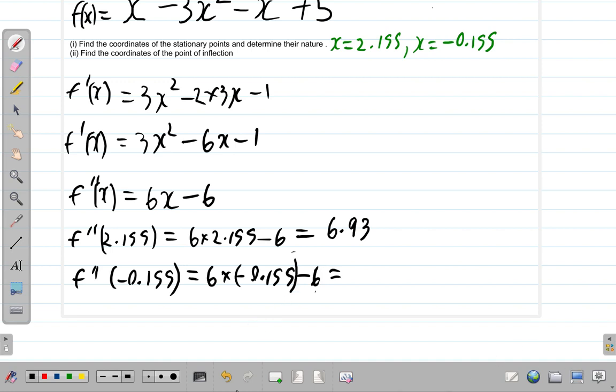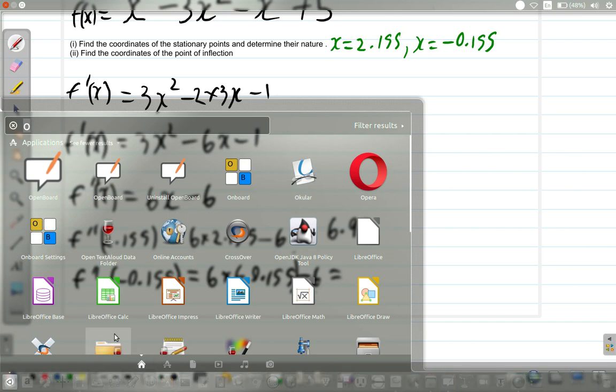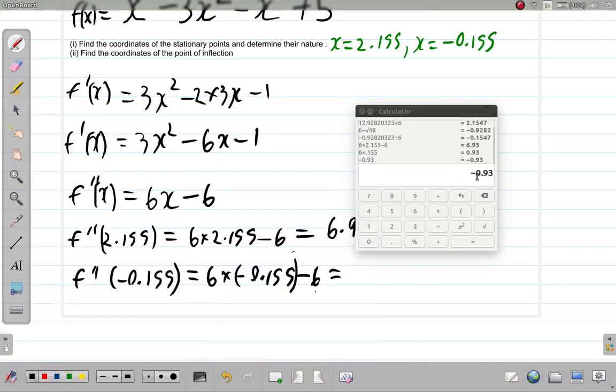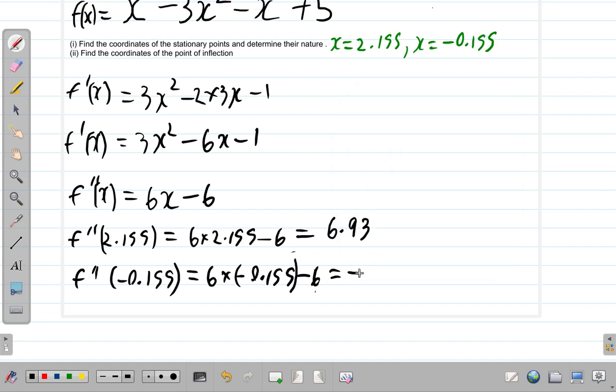So back to our calculator: 6 times negative 0.155 equals negative 0.93, minus 6. We have a negative 6.93.